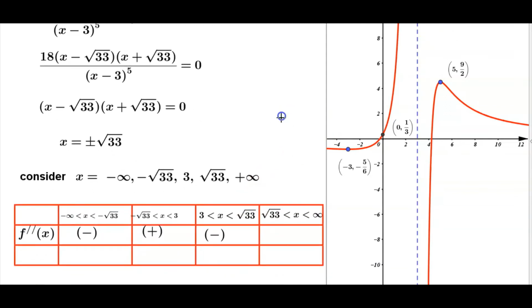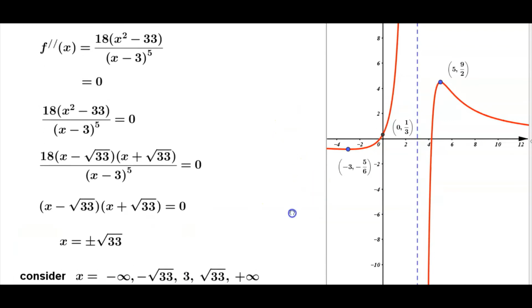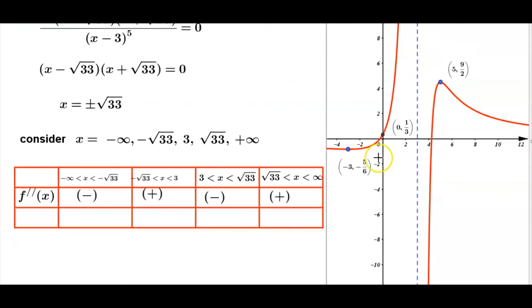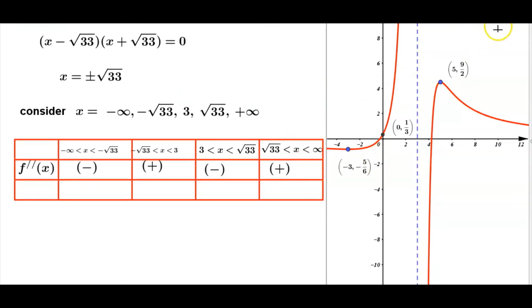When substituting one of the values between root 33 and infinity, f double dash x is a positive value. Now consider the concavity. This one minus, they have concave down. This one concave up. Concave down. This one concave up.